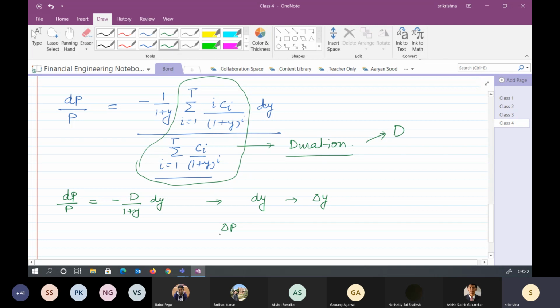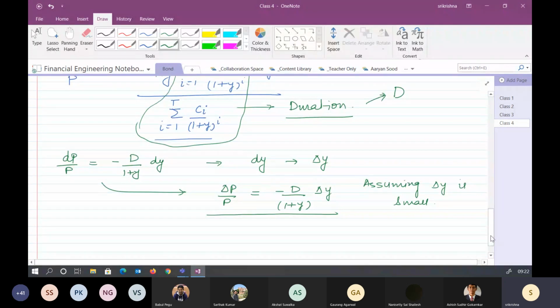Then delta P upon P, I can write this, assuming delta y is small. Yes or no? Correct?